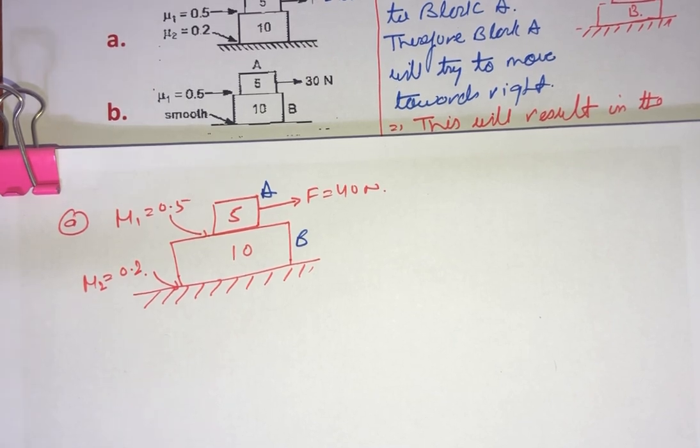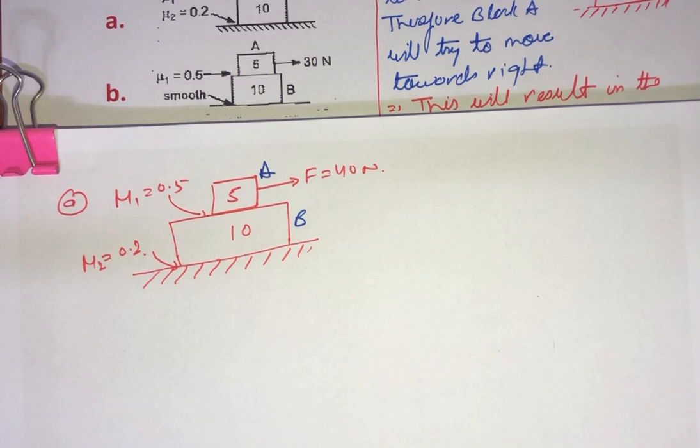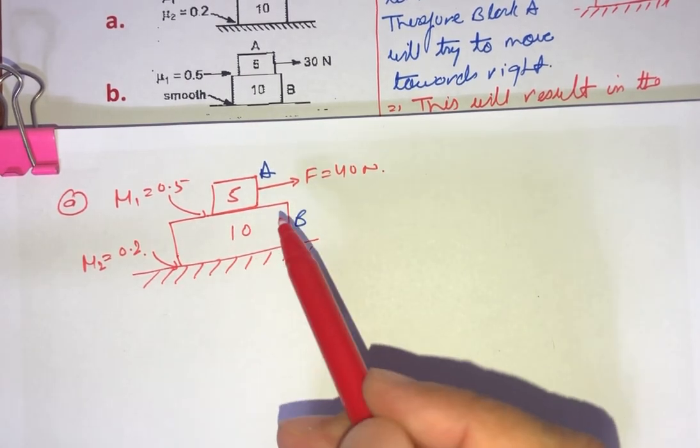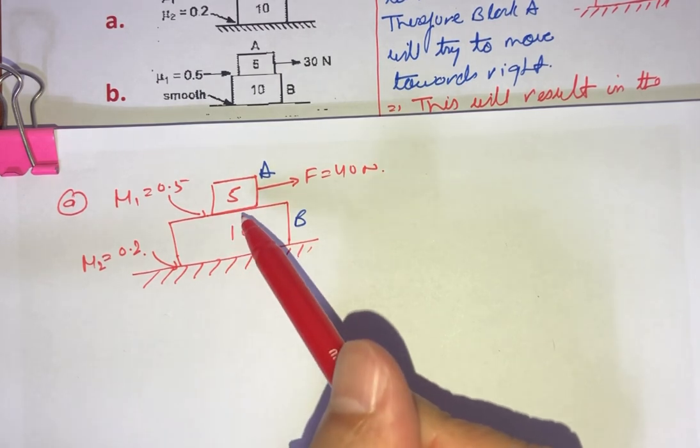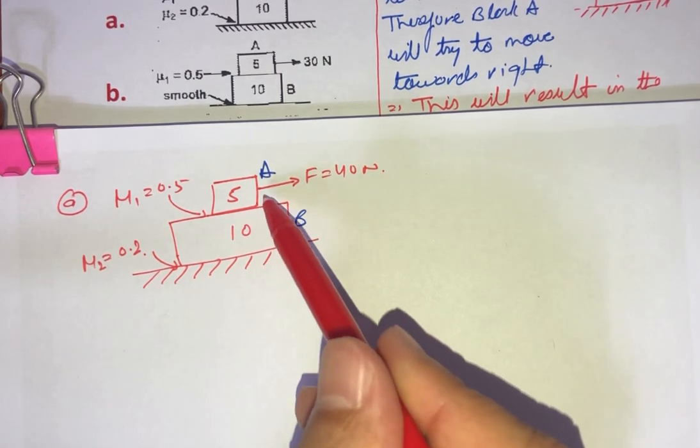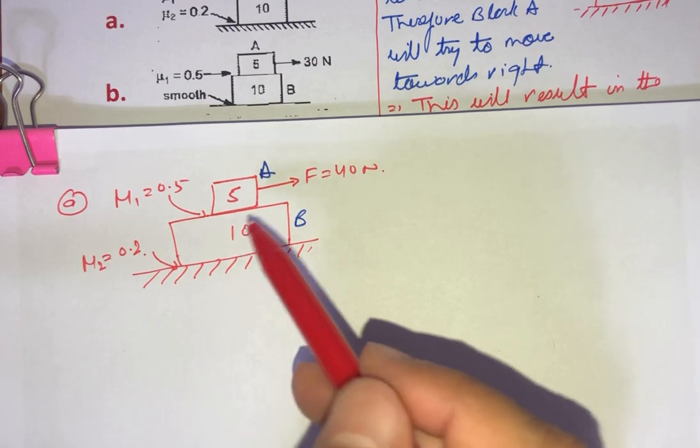Okay. So in this case, first of all, we are going to find out what will be the maximum frictional force that the body A can apply. Okay.